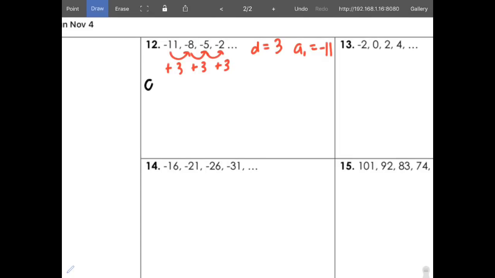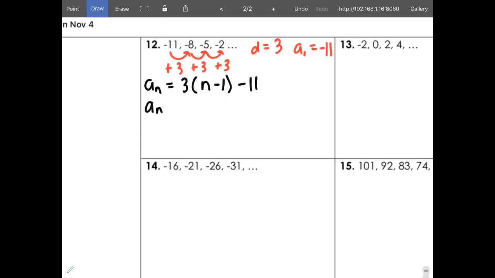I'm not going to write the whole formula out again. A sub n equals, but I know it's D, right? D times, so I'm going to write 3 times n minus 1. Now, minus 11, because A sub 1 now is a negative 11.